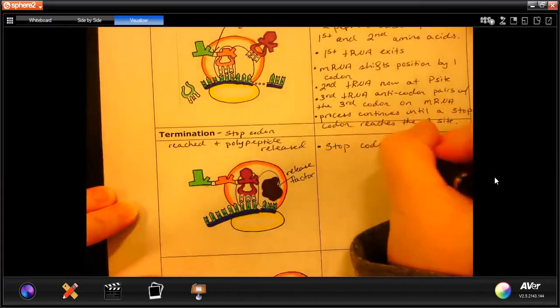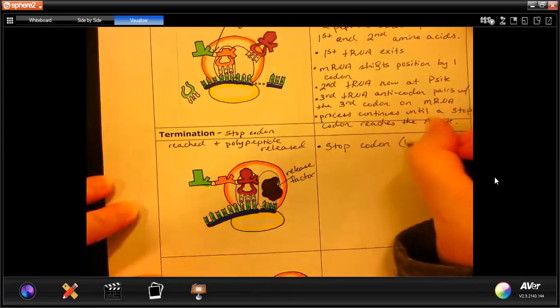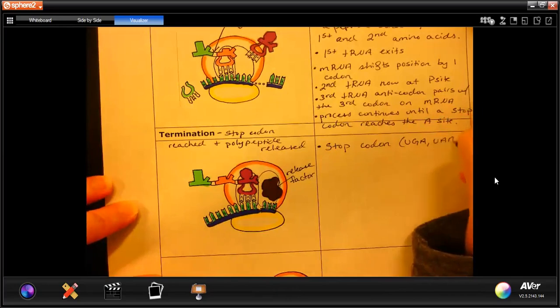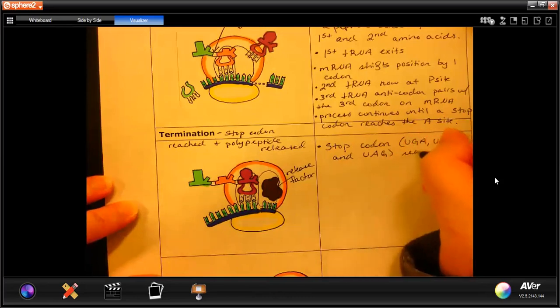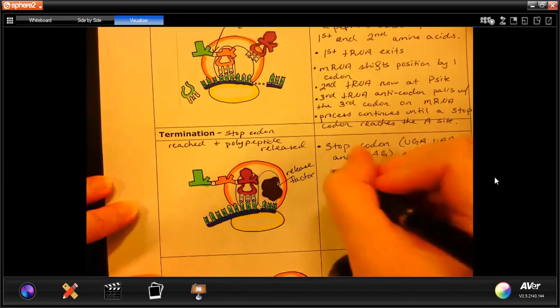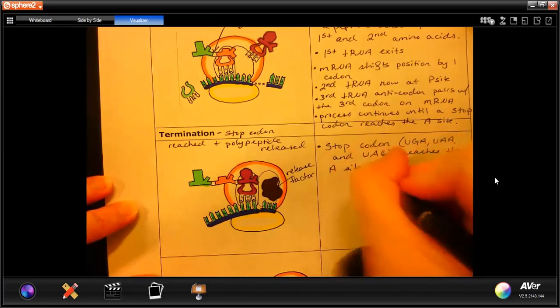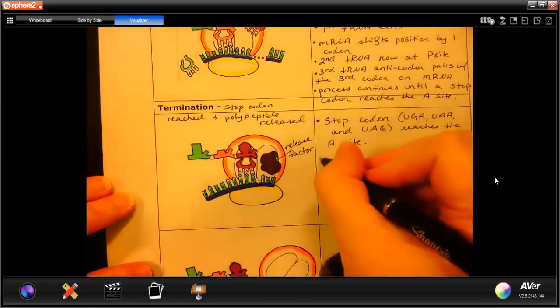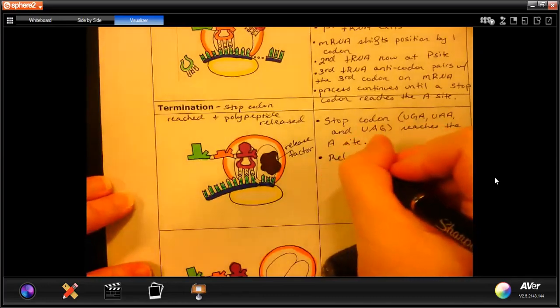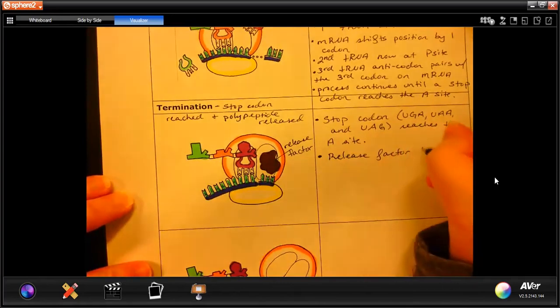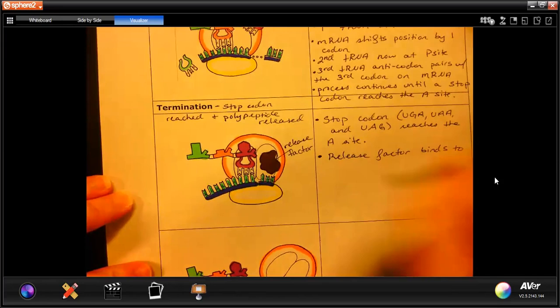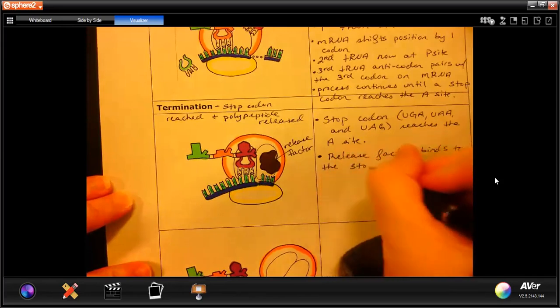Stop codon, which the 3 stop codons we have are UGA, UAA, and UAG, reaches the A site. All right. That automatically causes a release factor to bind to the stop codon.